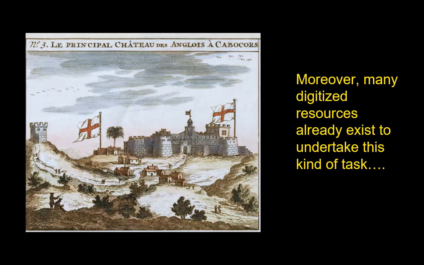This one's referred to as Le Principal Château des Anglois à Cabo Coast. Cabo Coast is Cape Coast. And the details are given for both the major fort and the minor fort that protects it in the back on the side.